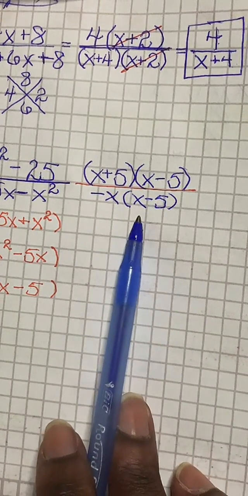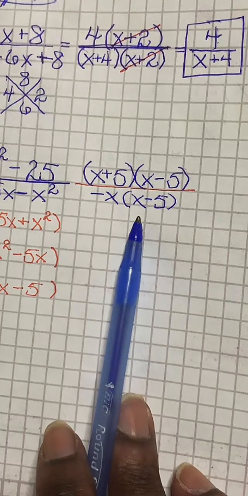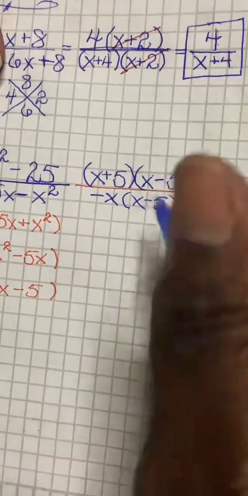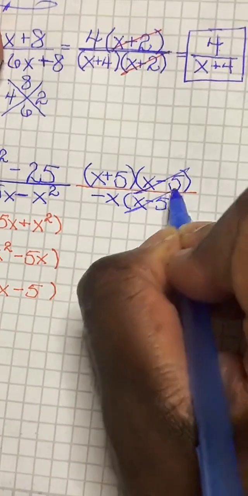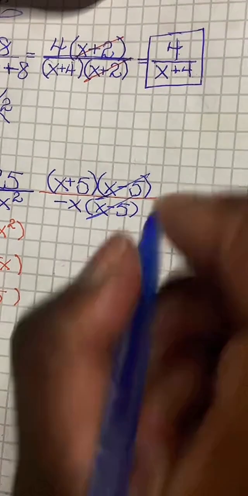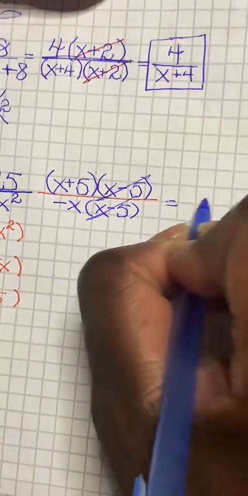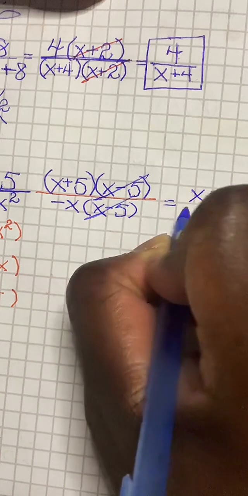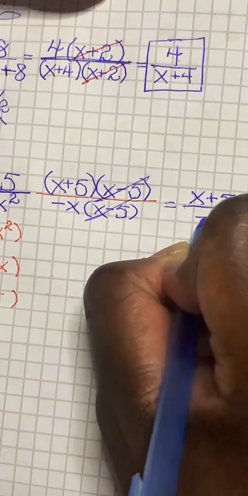But if you factor out, Aldo, make sure you factor out -1x. I just saw your comment. Sorry. All right. So now you can cancel. Boom. Boom. That's out. So with them, now what's left is your x plus 5 over your negative x.